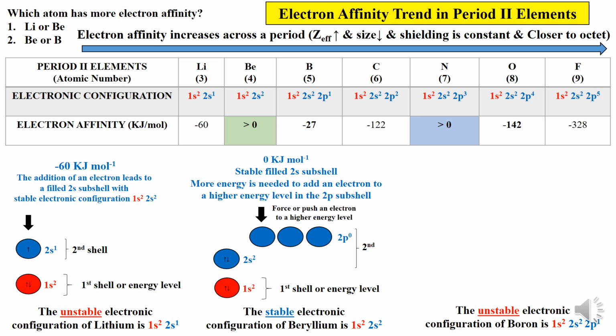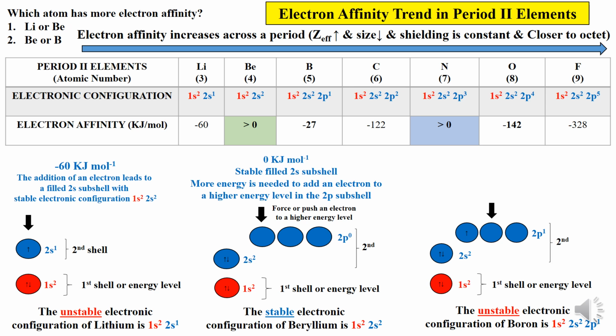And in the case of boron, the electronic configuration is 1s2, 2s2, 2p1: 2 electrons in the 1s orbital, 2 electrons in the 2s orbital, and 1 electron in the 2px orbital. So the added electron goes to the 2py orbital.